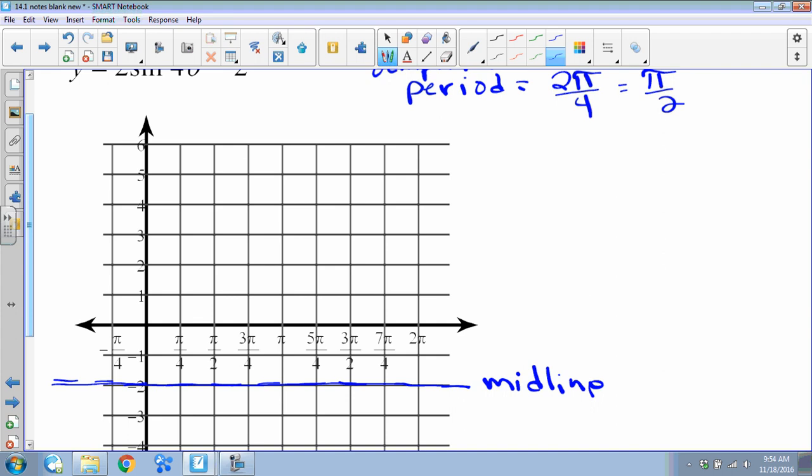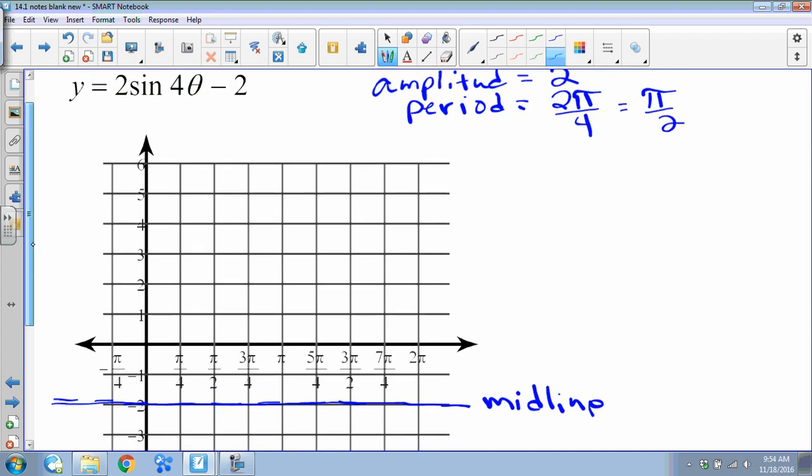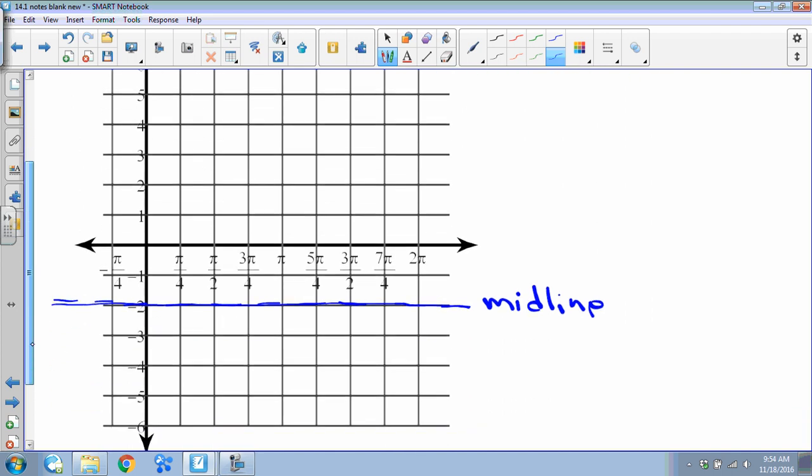Okay, so the amplitude goes up 2 and down 2, right? From the midline. So it goes up 2, so this is the highest point. And then it goes down 2, so this is the lowest point.